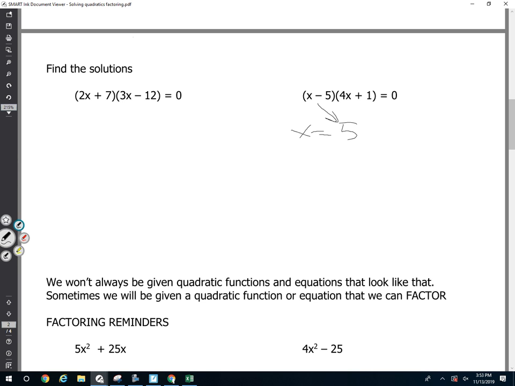Okay? I can't see it obviously, but I can solve an equation. Subtract 1, 4x is equal to -1. Divide by 4, x equals -1/4. We will sometimes have solutions that are not whole numbers, but if we have a correct factored form, we'll be able to find the solutions easily.